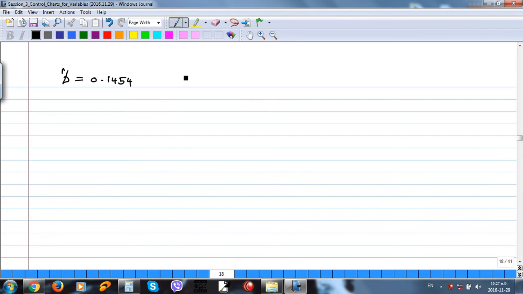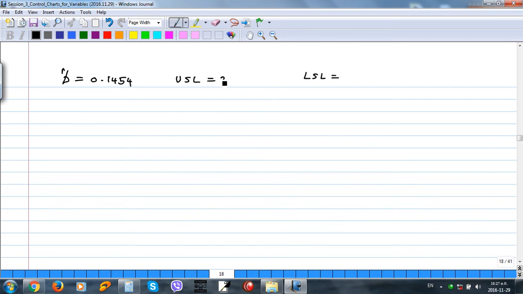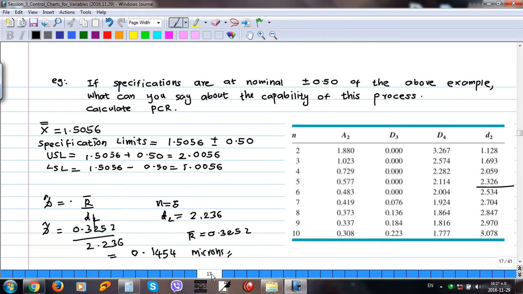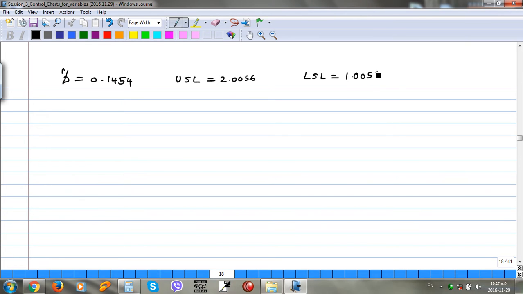And we found the upper specification limit and the lower specification limit. Upper specification limit equals 2.0056 and lower specification limit equals 1.0056.